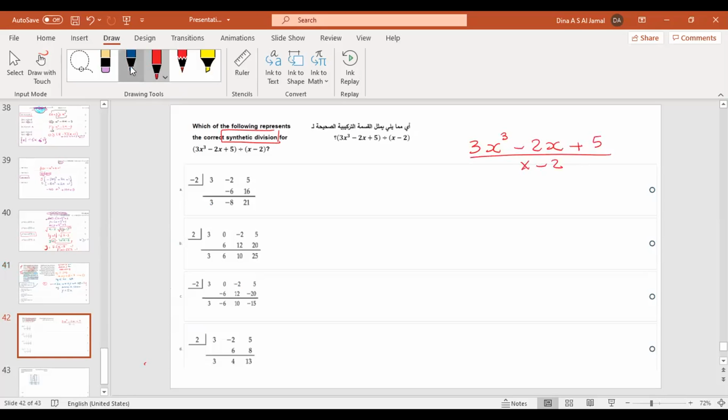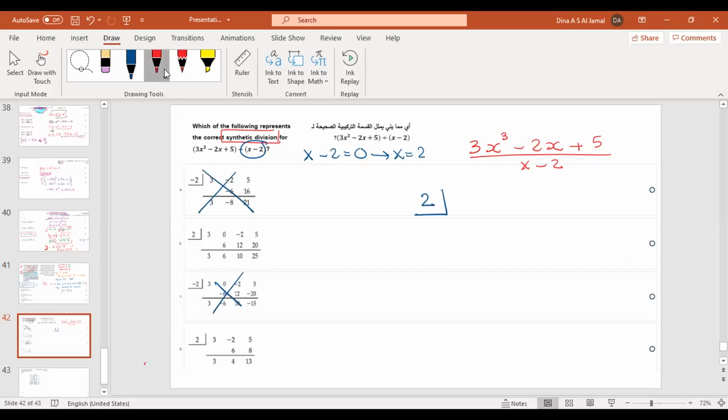First of all, notice that whenever you are using your divisor, just equate it to 0. When you equate it to 0, you will have x is equal to 2. That means from now, you should cancel this and you should cancel this.